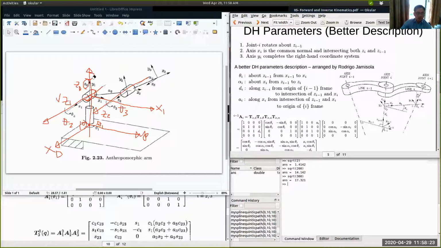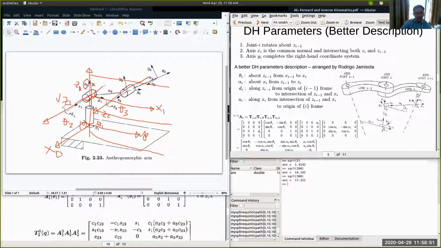So in this case, X1 can be anywhere. Let me just do this. X1 can be here, can be here, can be here, and all of them are intersecting and perpendicular to, or normal to, Z0. But is it normal to Z1? Yes, all these lines are normal to Z1, but are they intersecting Z1?